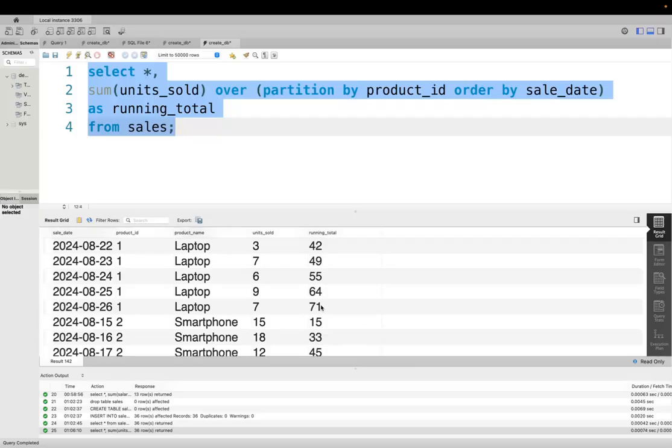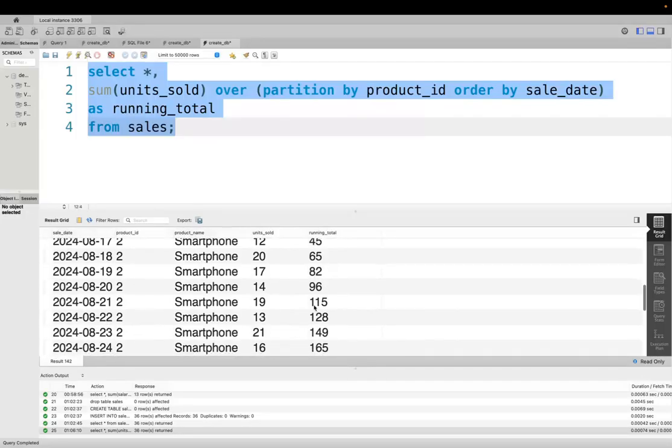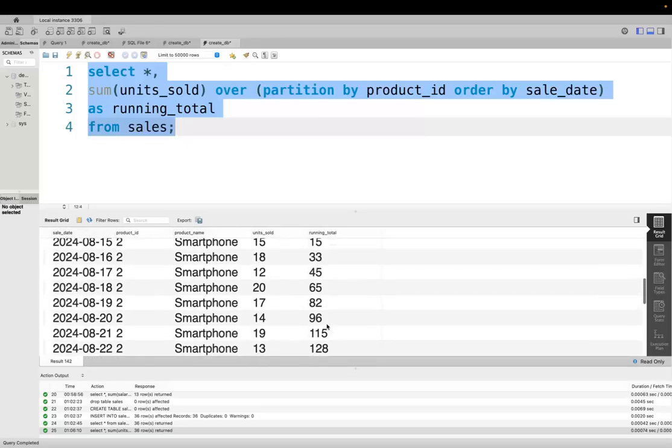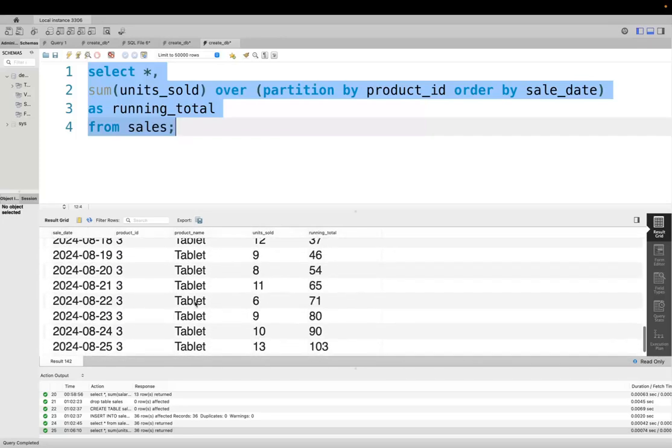That means till this date, how many laptops I have sold. Again, for a smartphone, till 19th, I have sold 82, till 23rd, I have sold 149, I mean, not laptops, smartphones. Till 22nd, I have sold 71 tablets. Till 24th, I have sold 90 tablets.